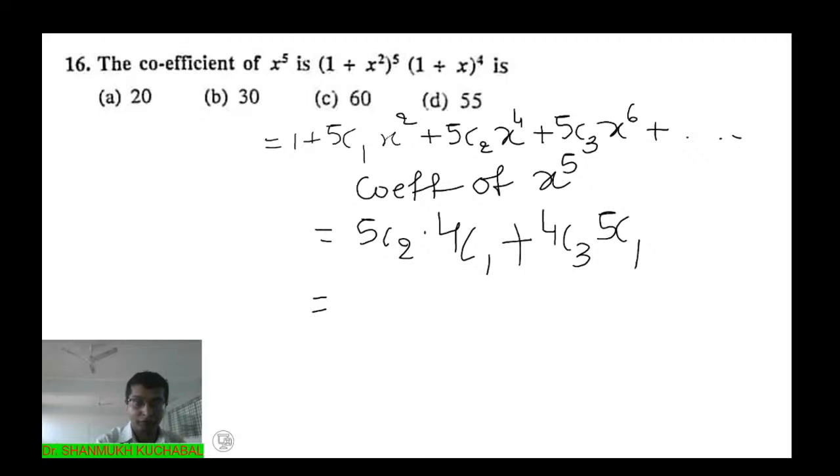Now we use the nCr formula for 5C2: it is 5 into 4 divided by 2 into 1, multiplied by 4C1, which is 4.